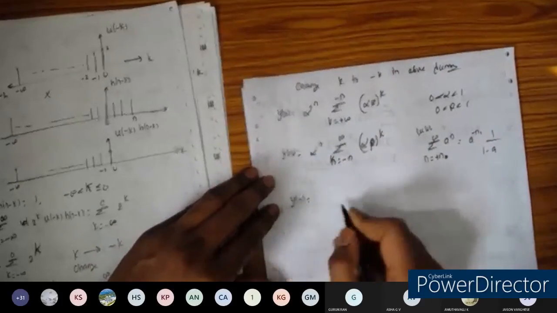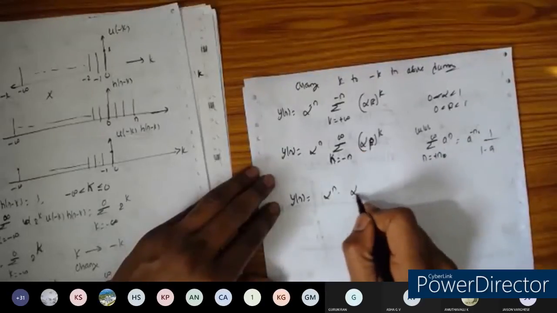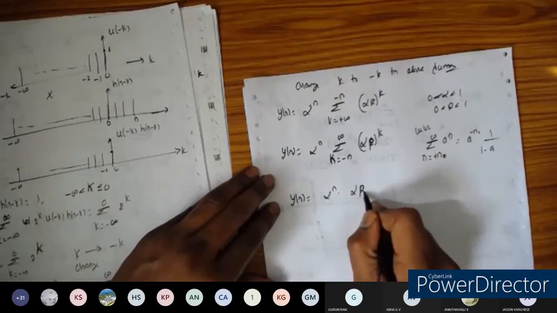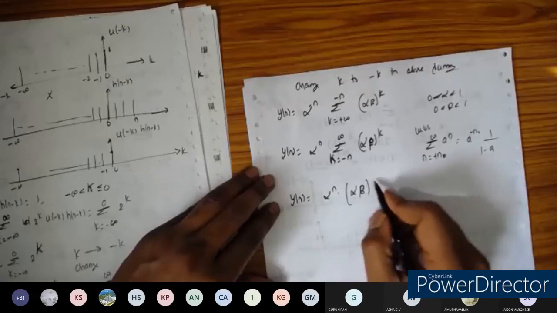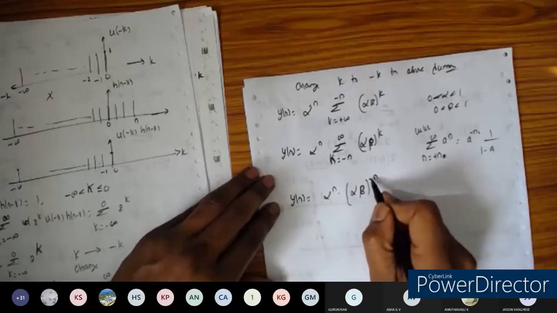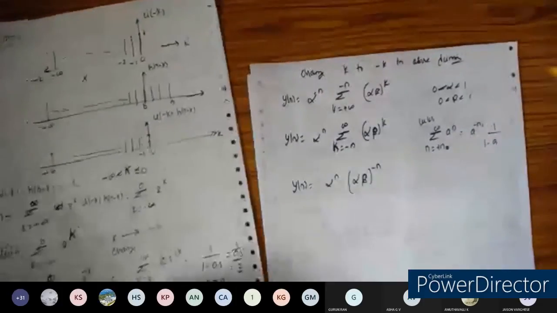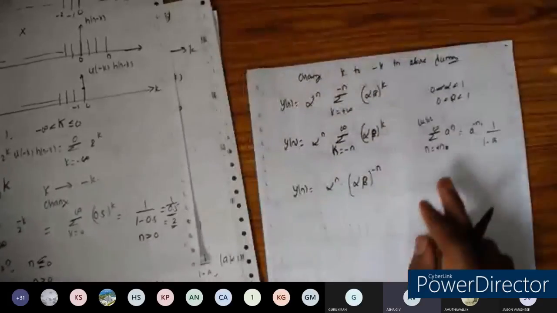So y of n is equal to alpha to the power of n into alpha beta to the power of minus into minus n naught. Is it plus n or minus n? What is the formula we saw in the last problem? a to the power of minus n naught.